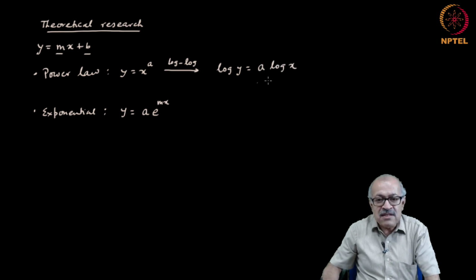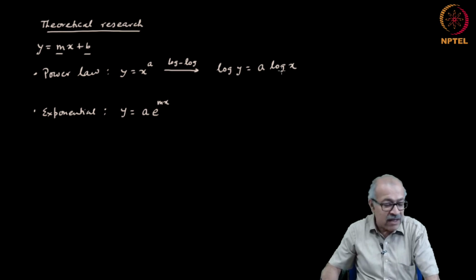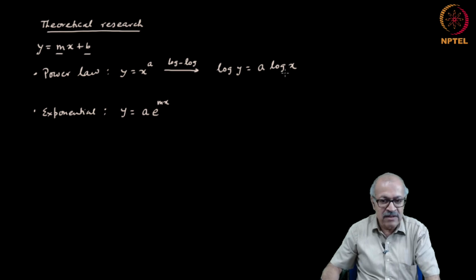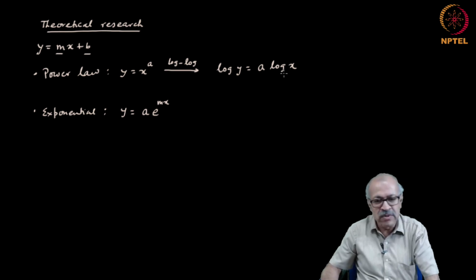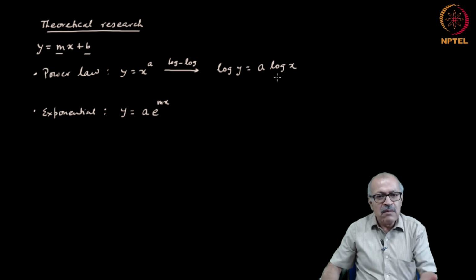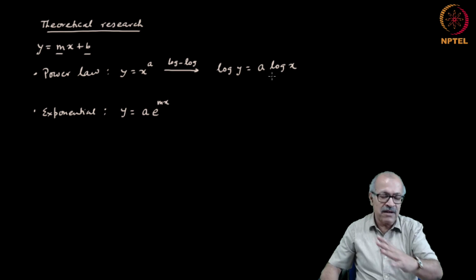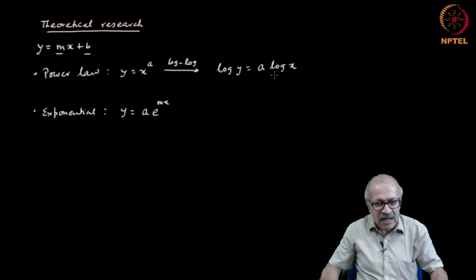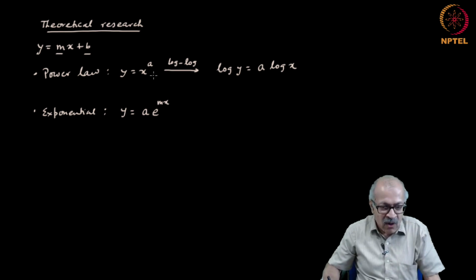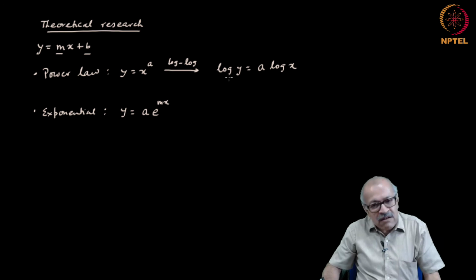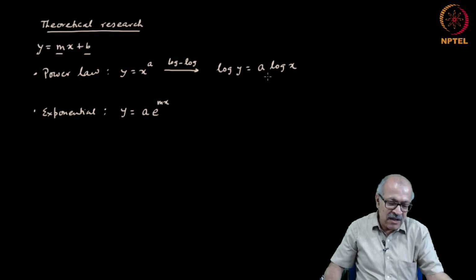So, this is a straight line relationship between two logs, and the log could be log with the base of anything. It could be 10, it could be 2, it could be e, whatever. So, in this case we simply plot the same data on a log graph, and if it now approximates a straight line, then it is a power law, and the straight line fit can be found exactly the way I have just shown.